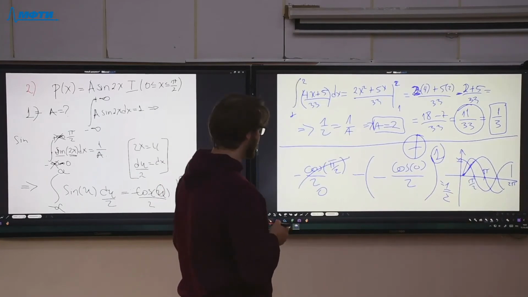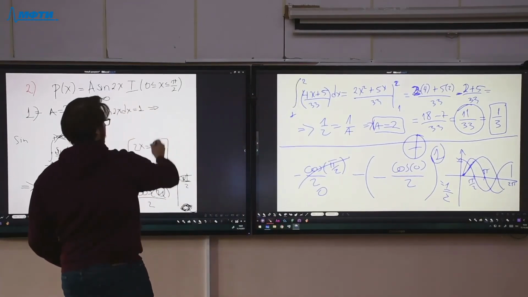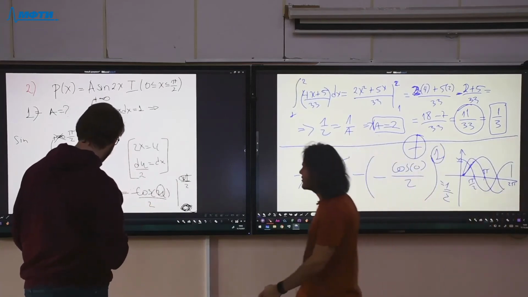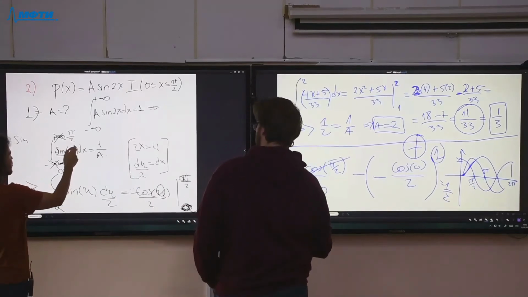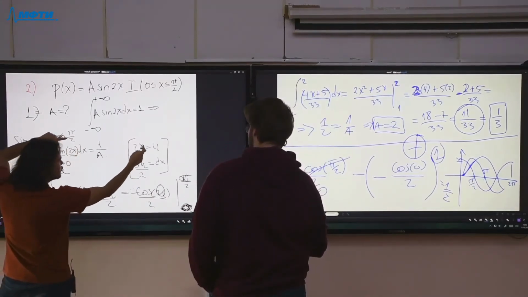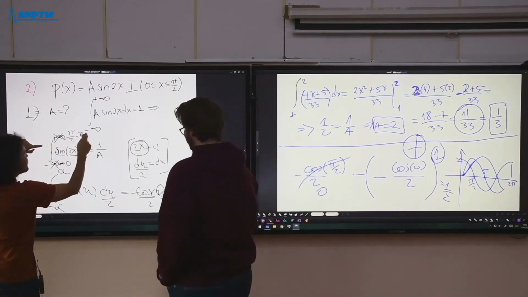Pi over 2? Yes. By the way, yes. Because of substitution, we have to divide this. So look, 2x, right? Here we have to multiply this by 2. So this is pi here.